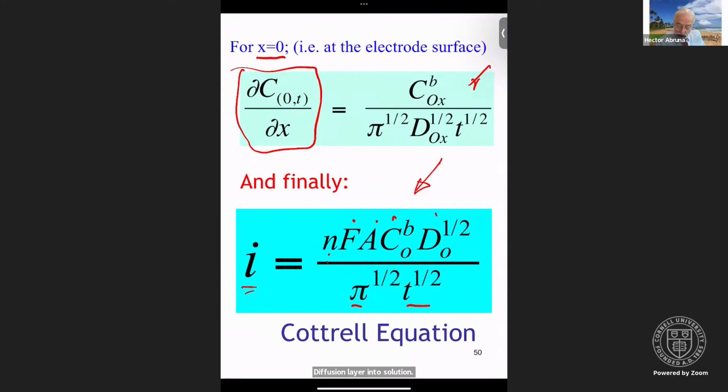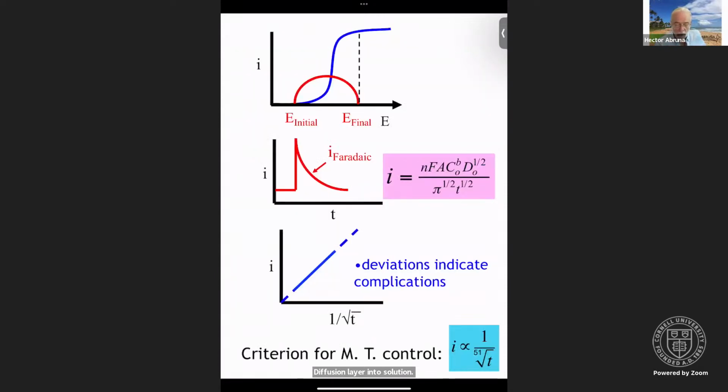And so if we put all of this together in a more visual fashion, here's the experiment: E initial, E final into the mass transport limited regime. What do we observe experimentally? We see a very steep rising current that decreases as basically 1 over t to the 1/2.